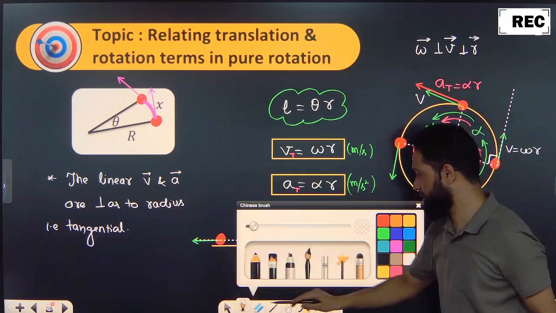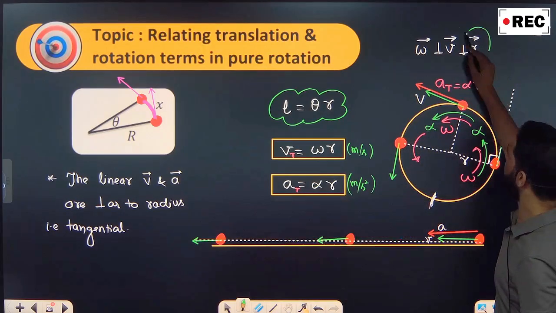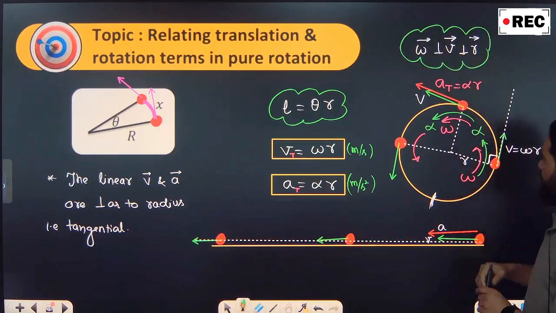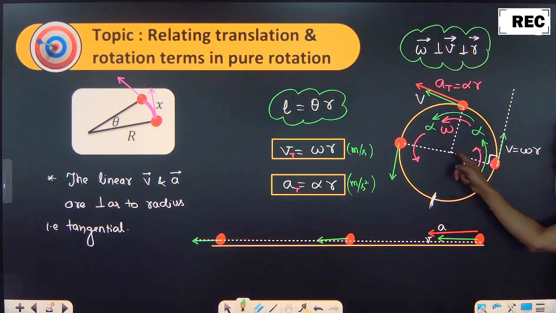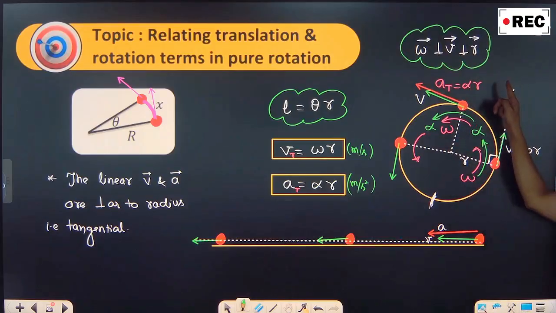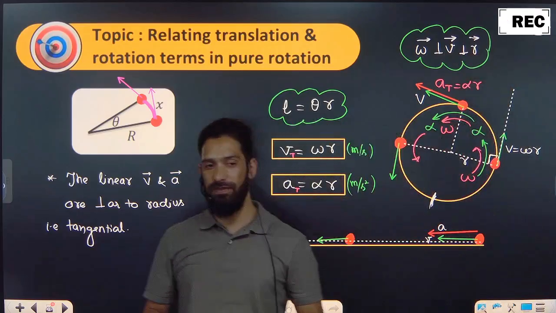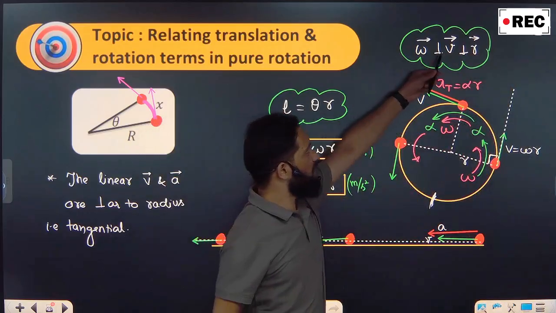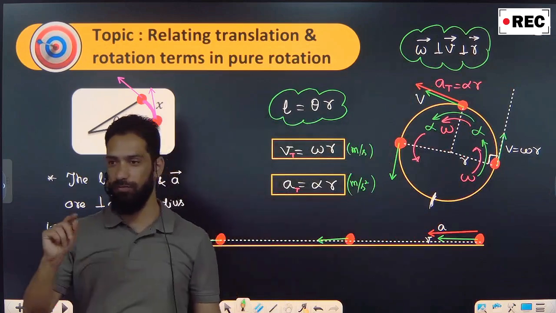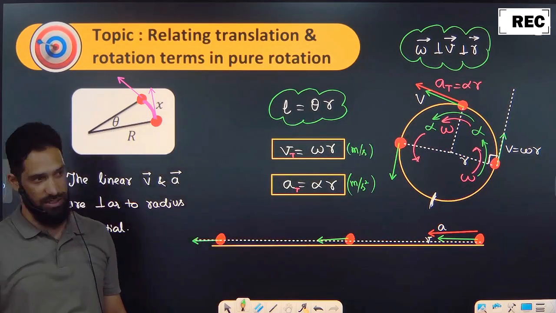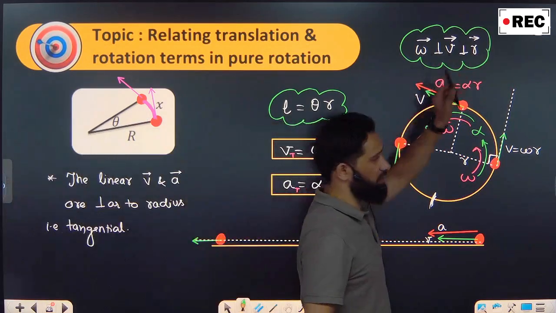Very important thing here. आपस में तीनों perpendicular है. Omega out of board. R and V are also perpendicular, right? So these are three mutually perpendicular vectors. So if they say what is the dot product of omega and v? 0. Perpendicular vectors का dot क्या होता है? 0. What is the dot product of v and r? 0.